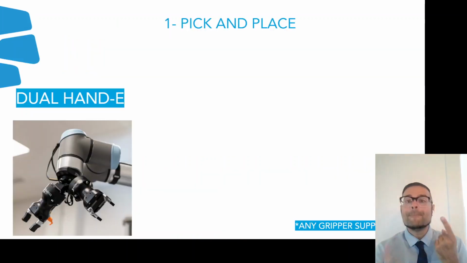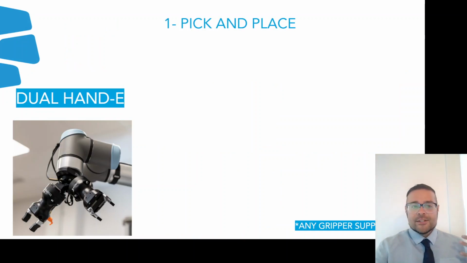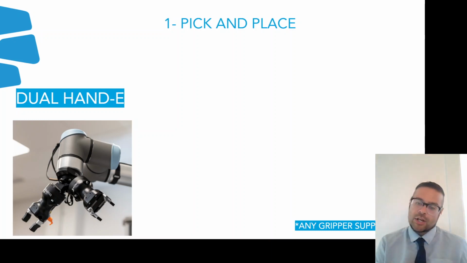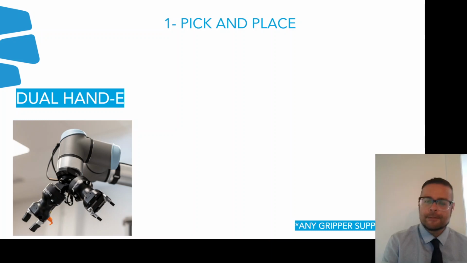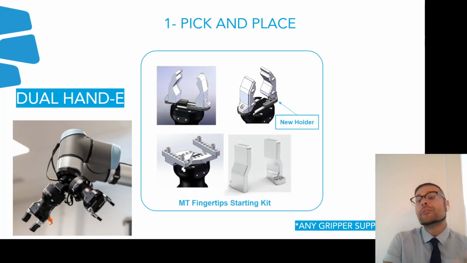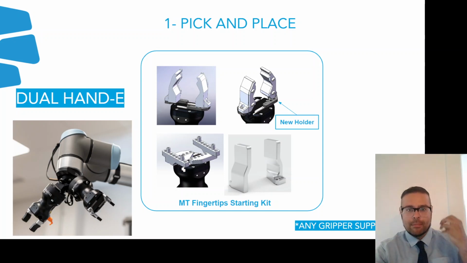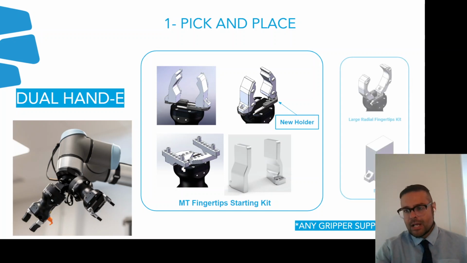So first, pick and place. So you're looking at the dual handy. Remember, handy is rated IP67, so it means it can work in dust and fluids. It is sealed. It is very compact to fit inside a machine. And we added new fingertips to be able to hold any kinds of parts that might be your reality.